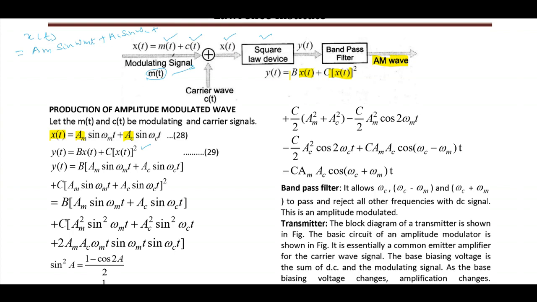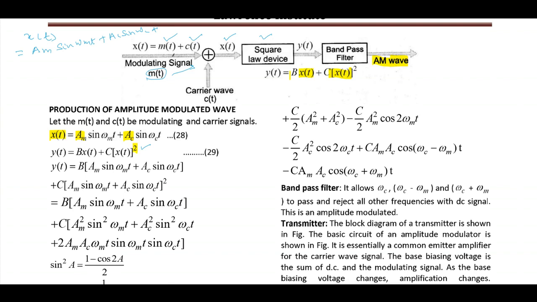Now y(t) is b, a constant, multiplied by x(t), plus c multiplied by x(t) square. Note down that here we have got x(t) square. Now we will substitute the value of x(t).